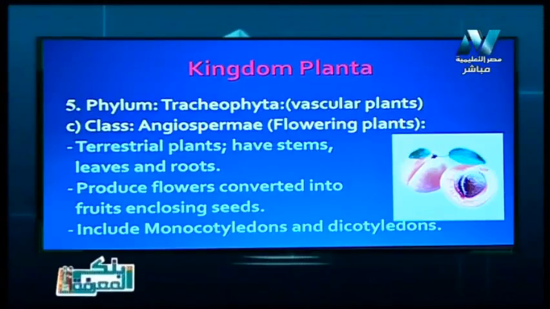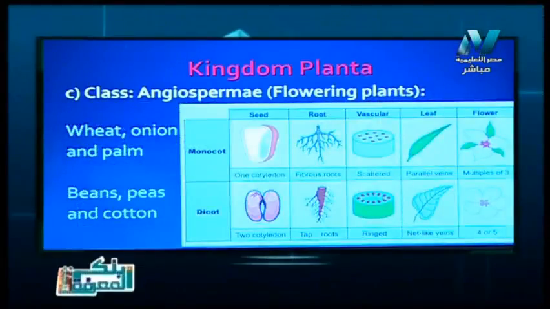They include two groups which are very important, and as we said, the most developed types of plants. They are monocotyledonous plants and dicotyledonous plants. And here in this picture, it shows the parts of the monocotyledonous and dicotyledonous plants, and we study them by comparing the parts of the plants with each other.